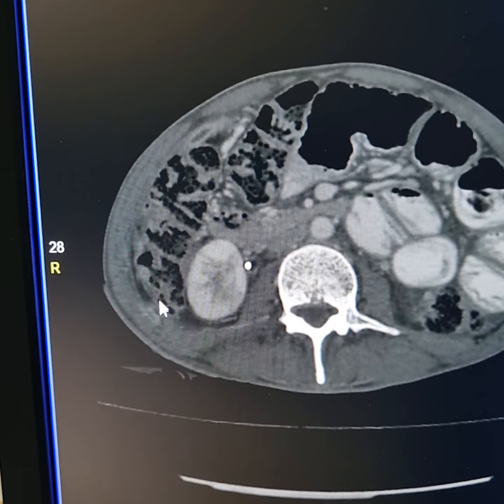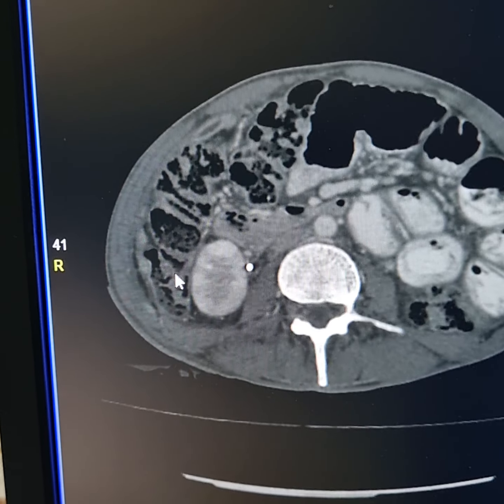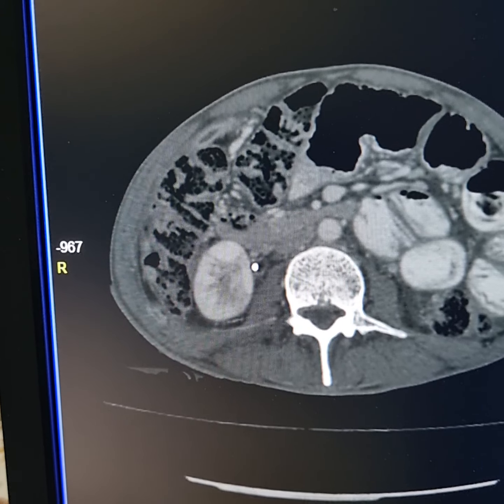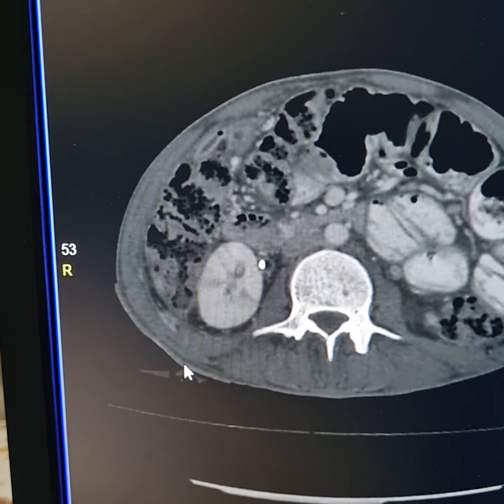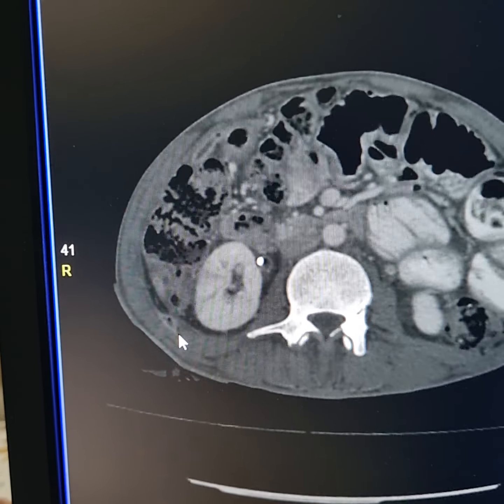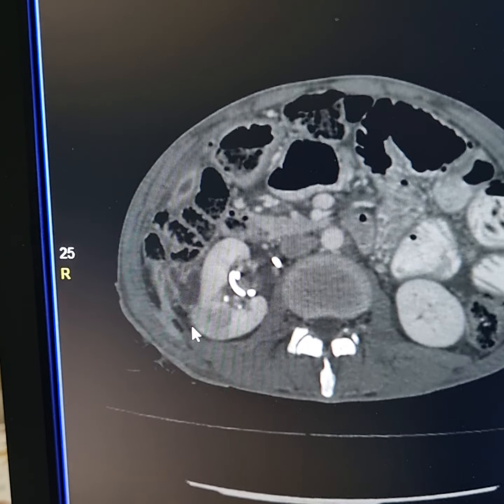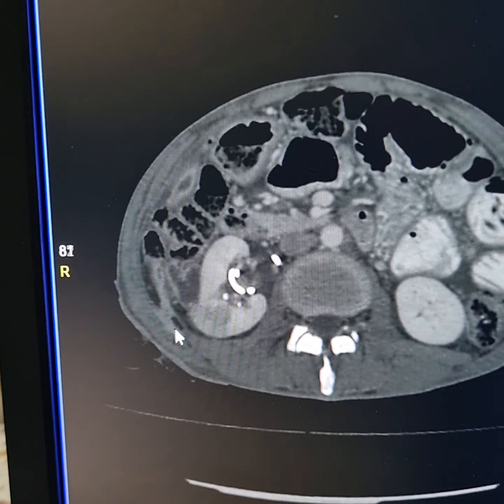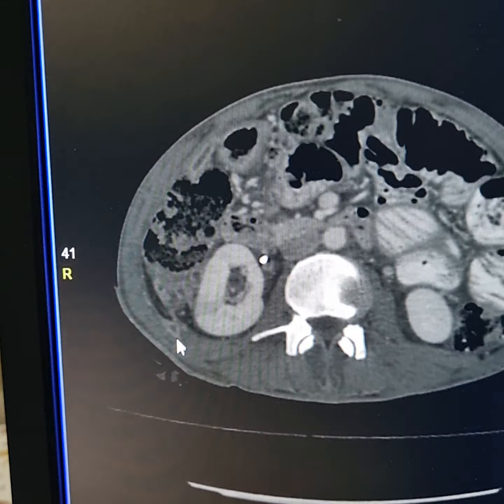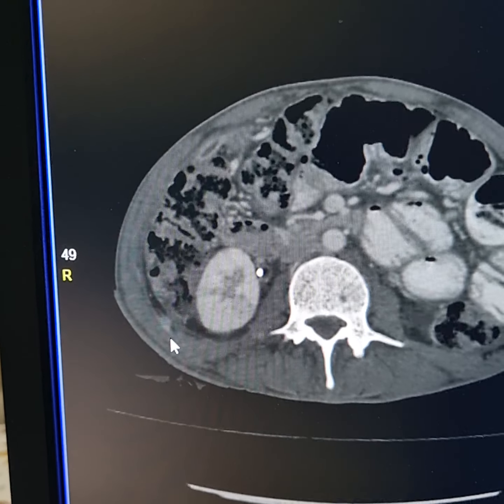Since this lies along the lateral side of the right kidney, it got perforated. Now this is the site of the sinus tract here. This one here.